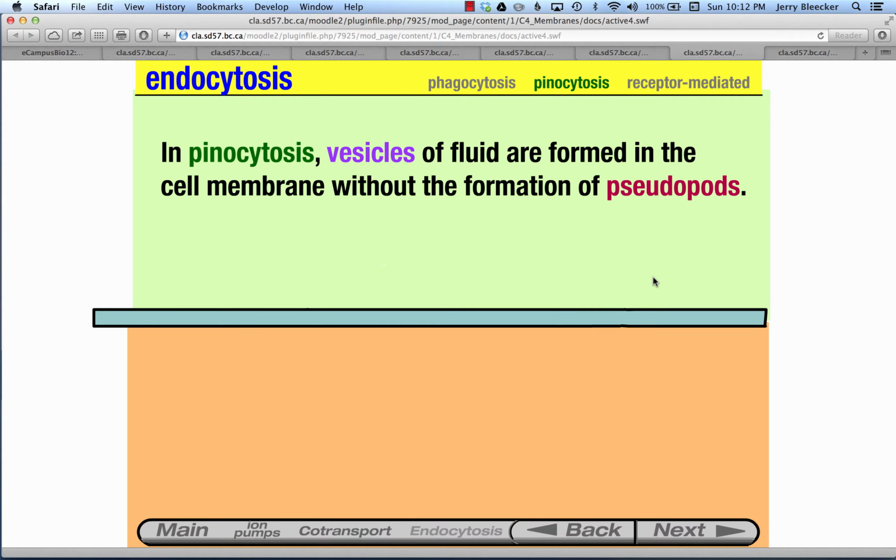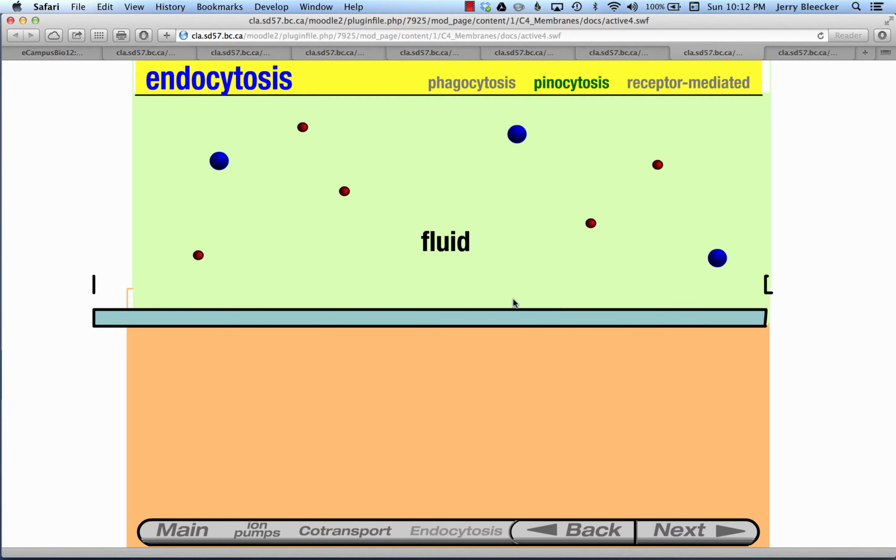Pseudopods don't reach up and drag something in. So we'll take a peek at that. If the cell wanted to bring in a particular fluid, it can make a sort of invagination or a pinch, and then the fluid just flows in. So you have a vesicle if it's small enough, or a vacuole.